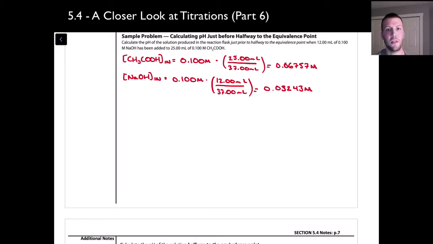Next, I'm going to set up an ice table to show how my acid and base are going to cancel out. So I've got acetic acid plus sodium hydroxide yielding sodium acetate and water.